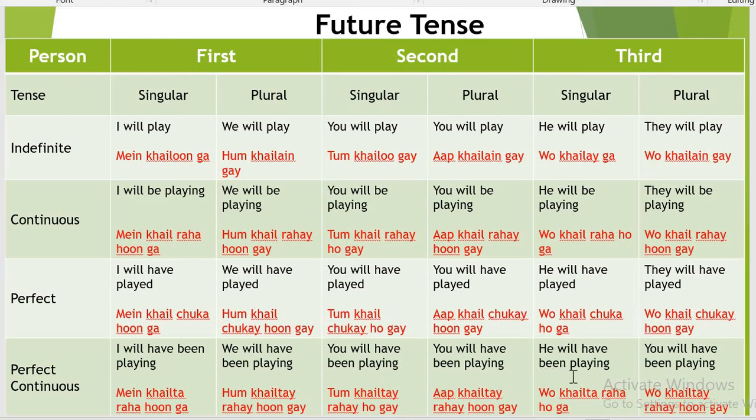He will have been playing. वो खेलता रहा होगा. In case if it's a girl, वो खेलती रही होगी. And lastly, they will have been playing. वो खेलते रहे होंगे. So these are your 3 tenses and their 4 parts and their 3 persons, singular and plural.